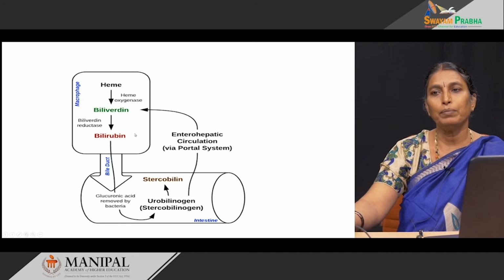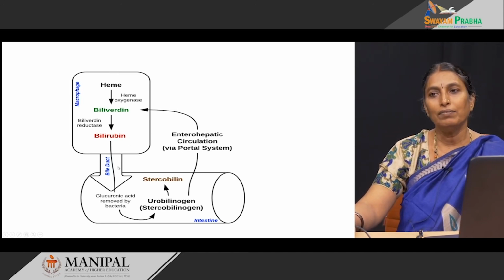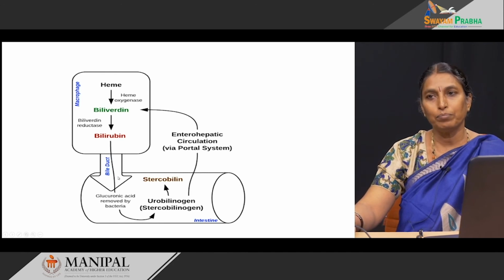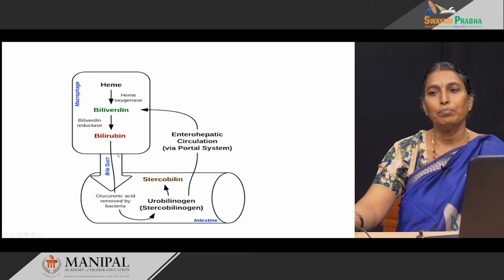This bilirubin, bound to albumin, is taken to the liver, and the liver will take this bilirubin from the albumin and conjugate it with glucuronic acid, forming bilirubin monoglucuronide or bilirubin diglucuronide, and then excrete it into the bile.